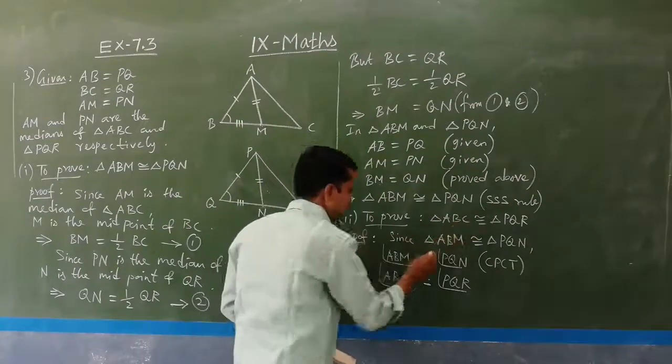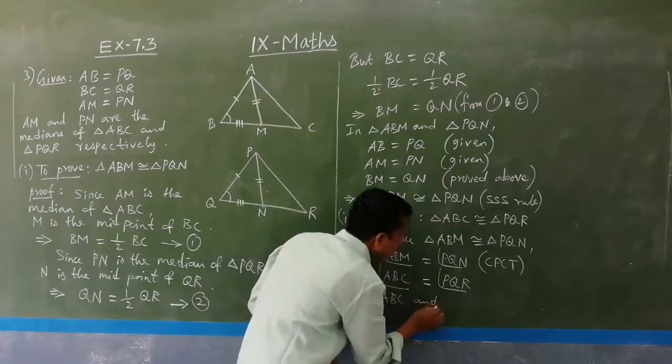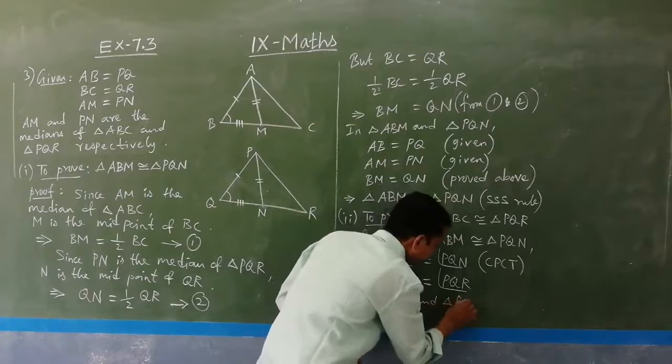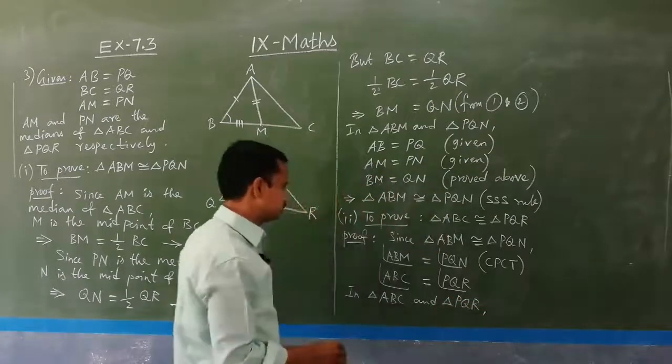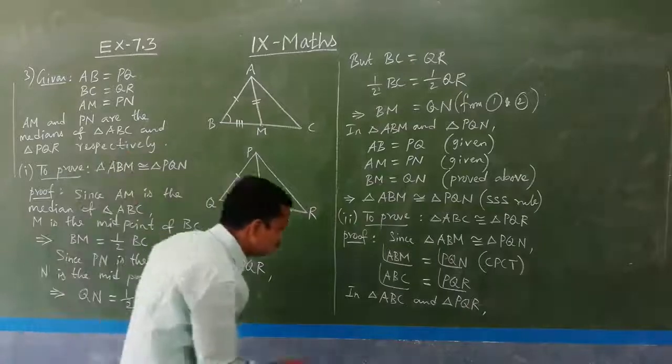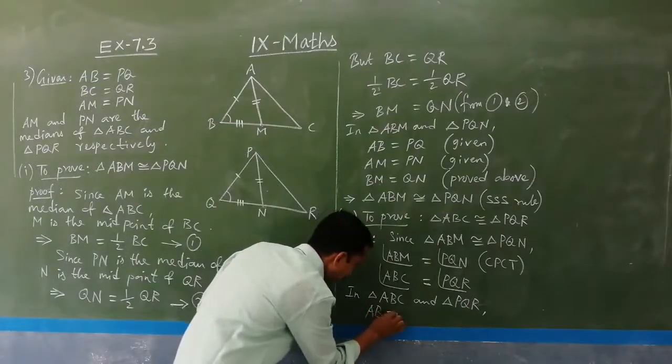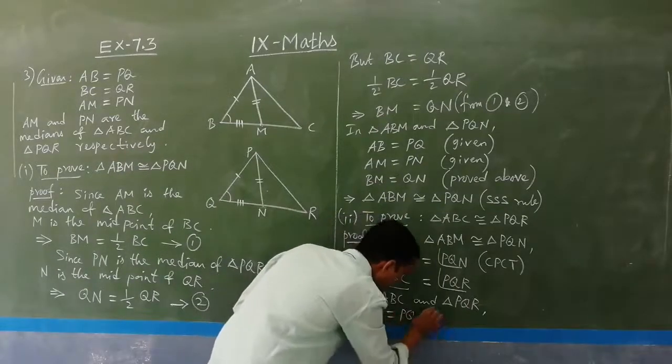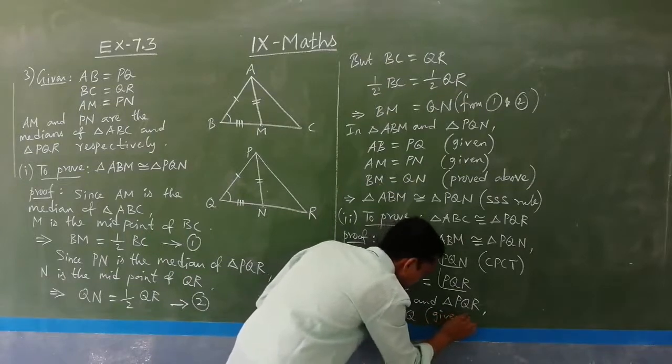Now we can take these two triangles, ABC and PQR, to prove they are congruent. AB equal to PQ, given. The reason you have to write clearly: given.